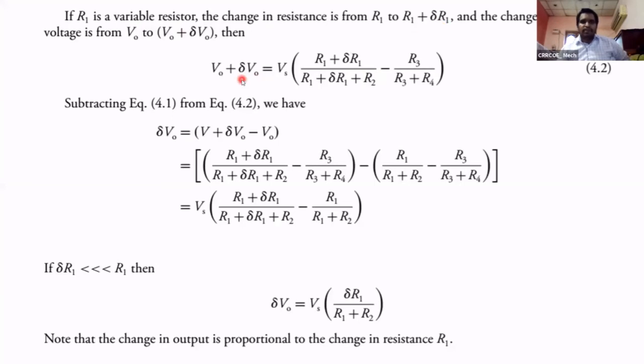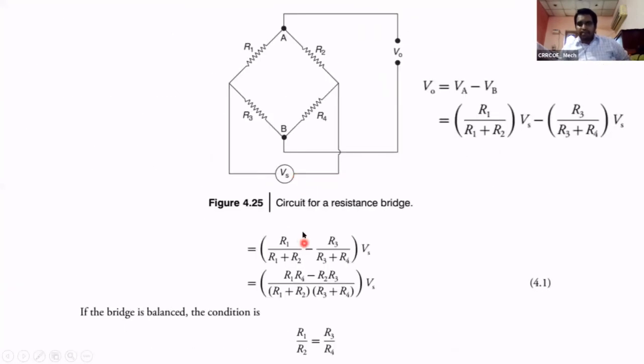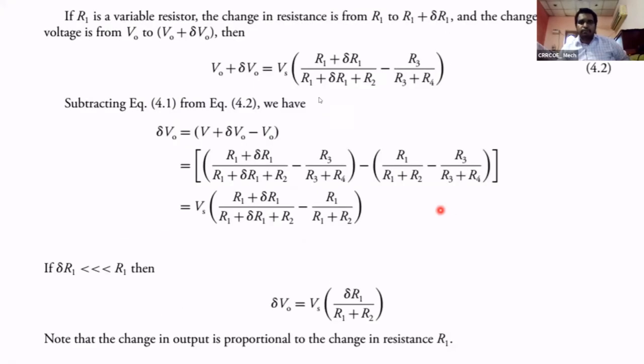Now we see the relation. In the previous equation, there is a variation in V out, that is V out plus delta V out. R1 is R1 plus delta R1. Replace that. You can replace R1 with R1 plus delta R1 because it is increased, and V out increases, meaning V out plus delta V out.